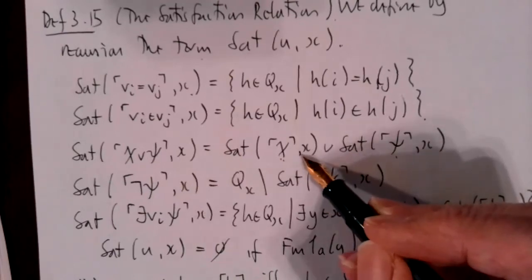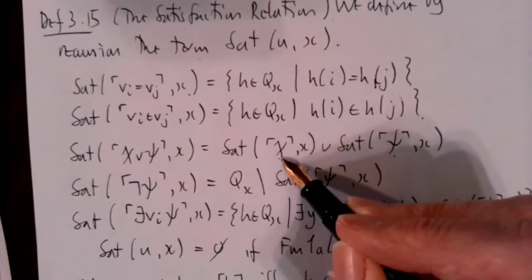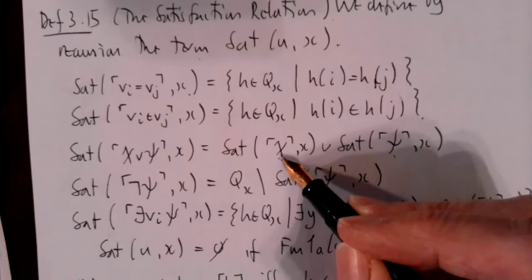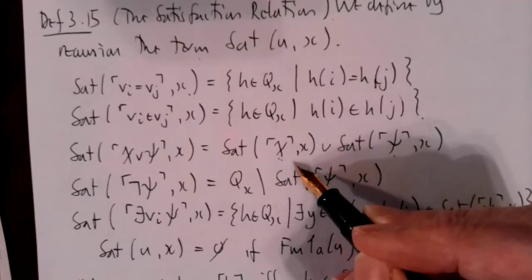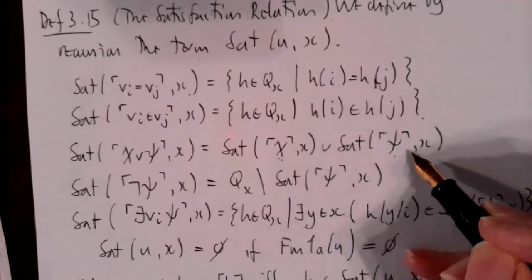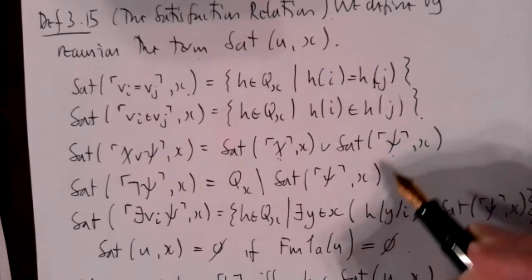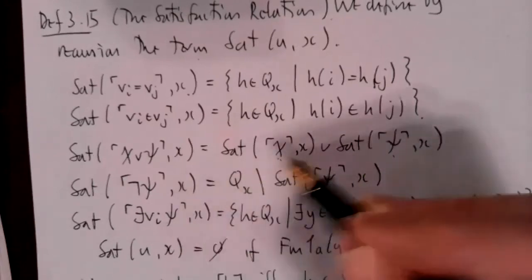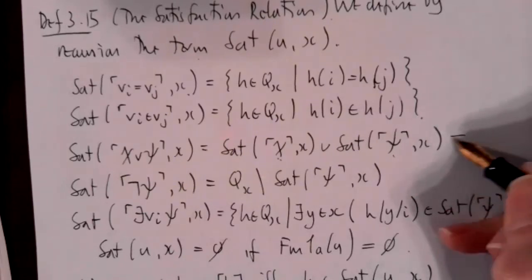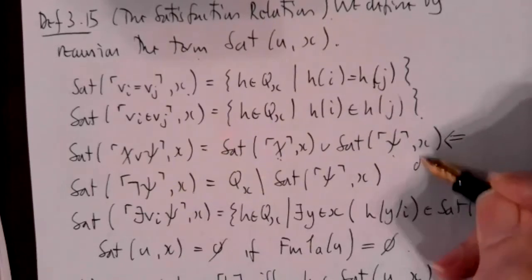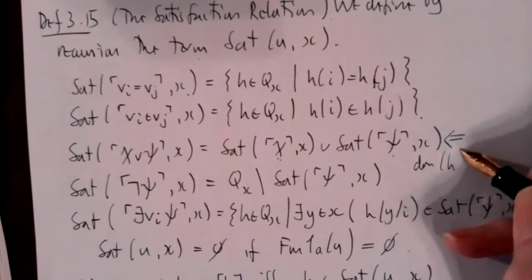Because this assignment function that makes this chi, which is v0, come out true, actually has got domain omega, and it assigns something to all free variables. So I can consider it as a potential assignment function to make psi true. So then I don't have this worry. So this step here is made easier by assuming that dom H is omega.